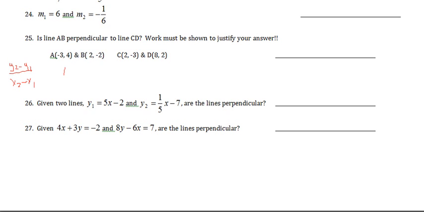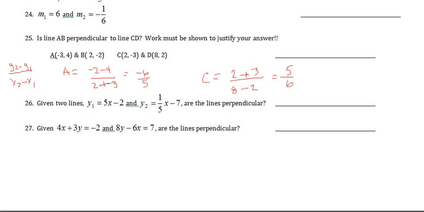So for A, the slope is going to be negative 2 minus 4 over 2 minus 8, negative 3, which becomes a positive, giving me negative 6 over 5. On C, though, we're going to get 2 minus 8, negative 3, over 8 minus 2, which becomes a positive, giving me 5 over 6.